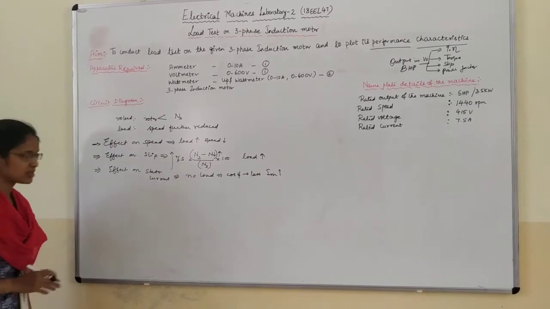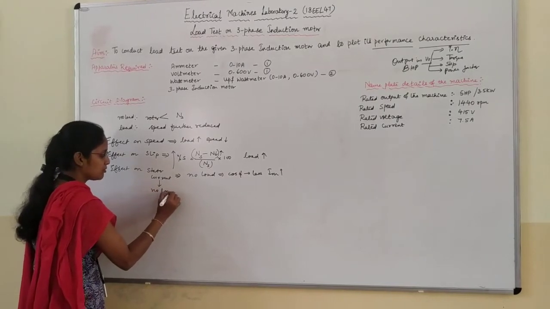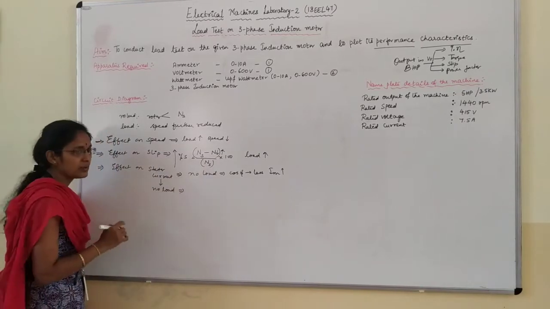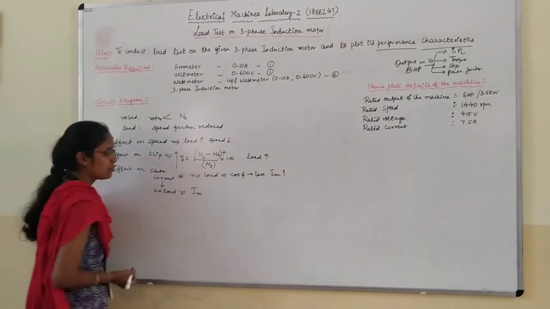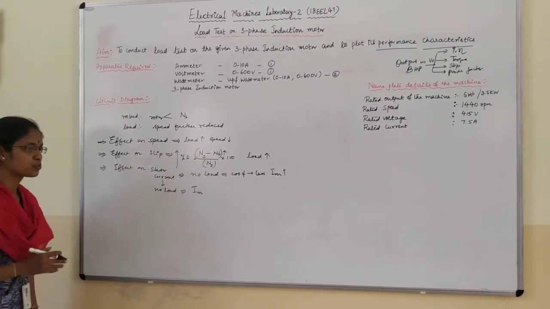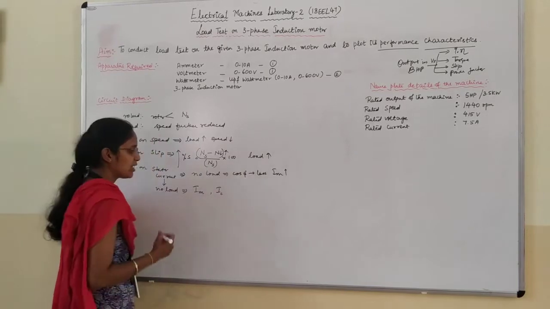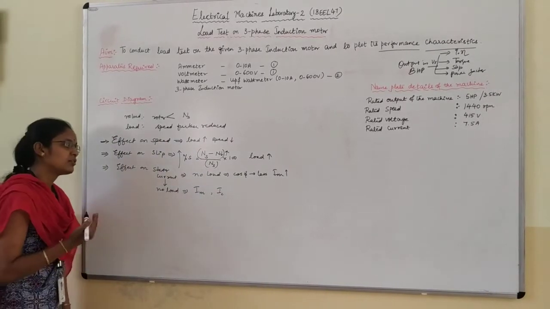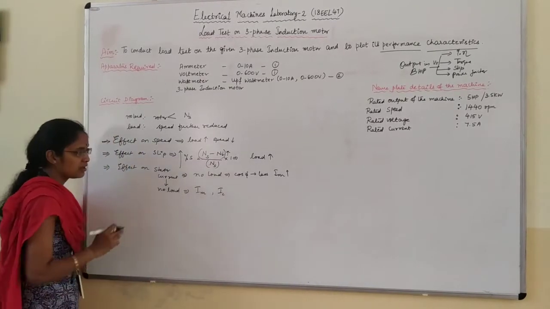What is this magnetizing current? At no load, the stator current is composed of two components. One is the magnetizing component, which is responsible for producing the rotating field, and the other is the component which is equal and opposite to that of the field, which produces the torque.